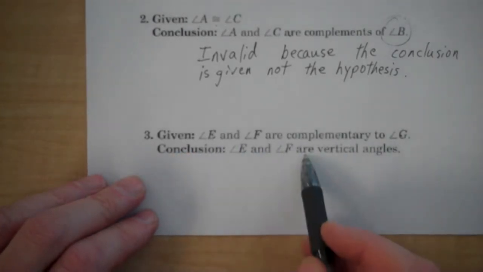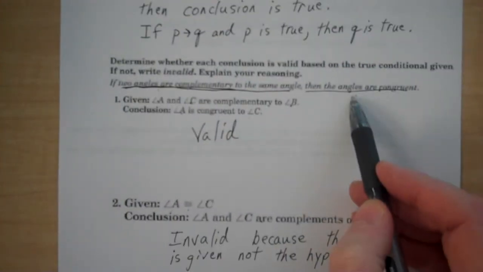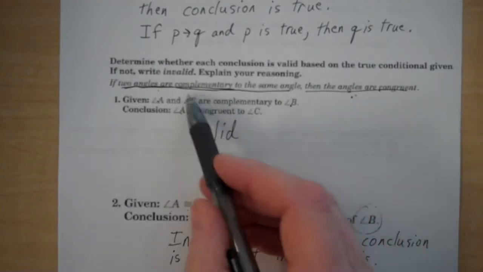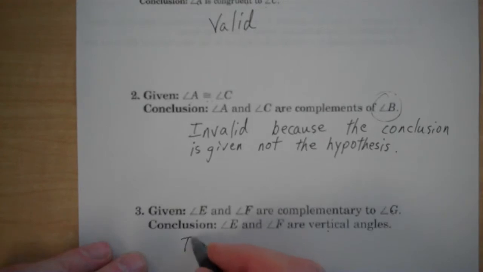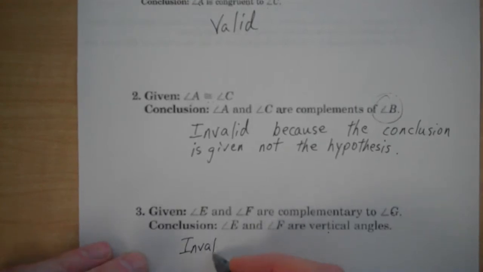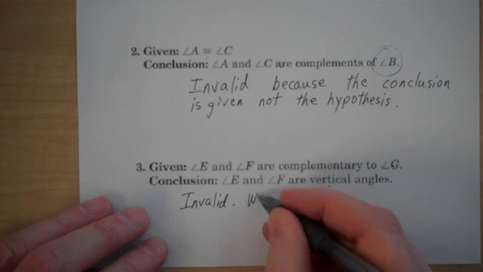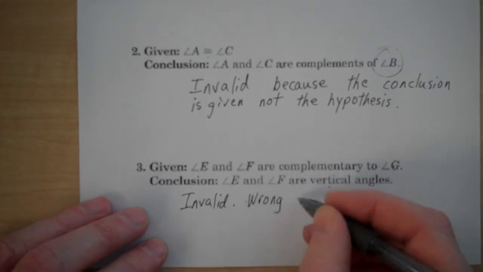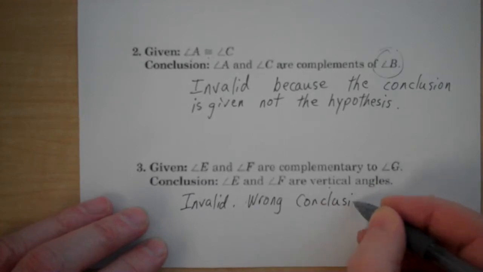The conclusion is angle E and angle F are vertical angles. The conclusion needs to be angle E and angle F are congruent. That's the only thing from this statement that you can conclude. All right, so it's invalid, because the conclusion is wrong. So I'll just write invalid, wrong conclusion.